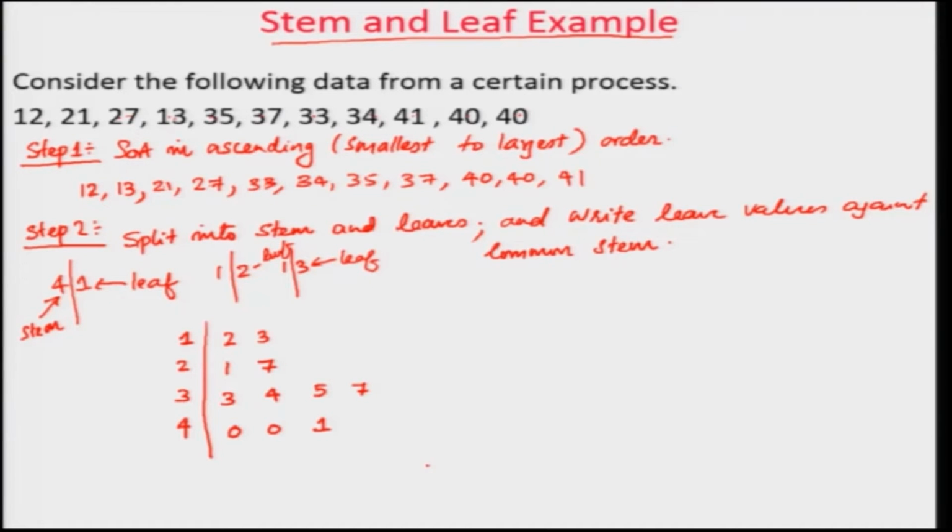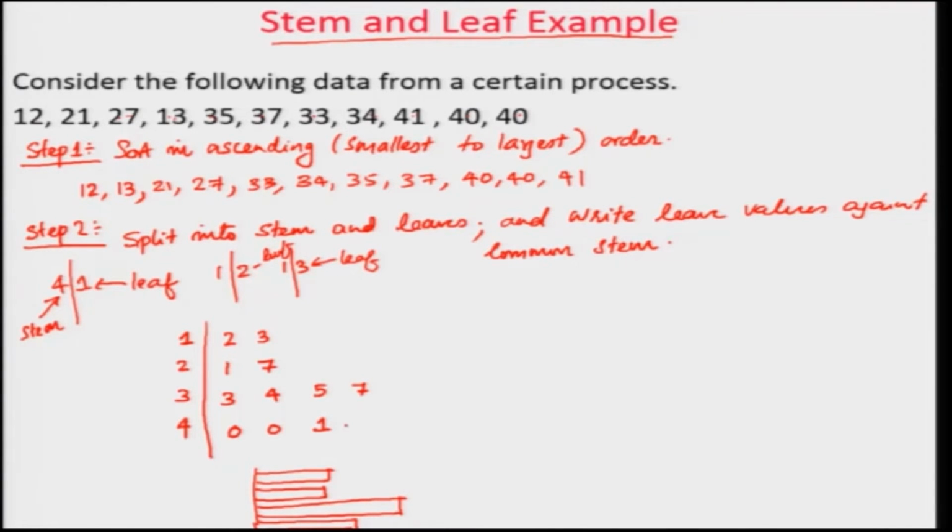If you take a look at this, it is almost like drawing a histogram, the other way around. If you think of this as the x axis and this as the y axis, this is like drawing a histogram like this.